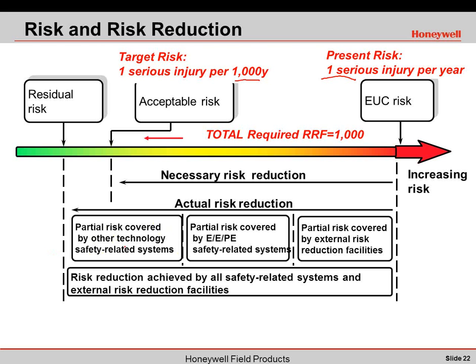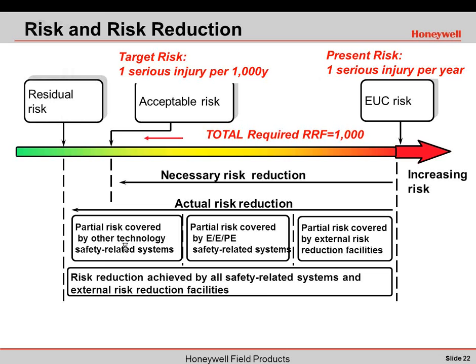For example, the basic process control system we saw provides a certain measure of safety. So from that, we come up with our risk reduction that's achieved by all the safety-related systems.